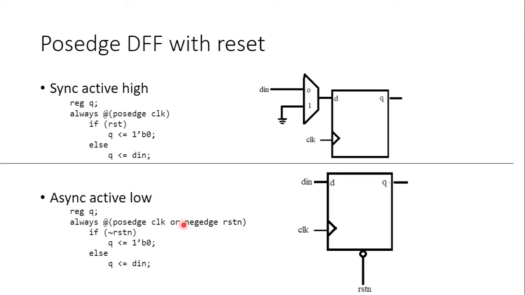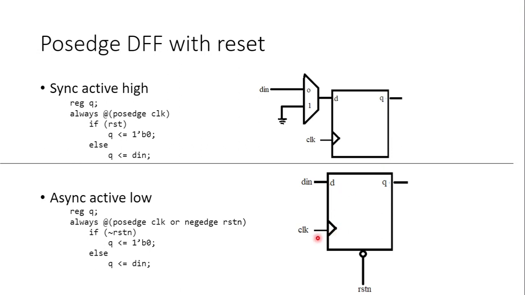So the significance of this negated reset n statement comes only in this first part, which is if not reset n. Okay, so this is the active low asynchronous reset, and I have a diagram of this.